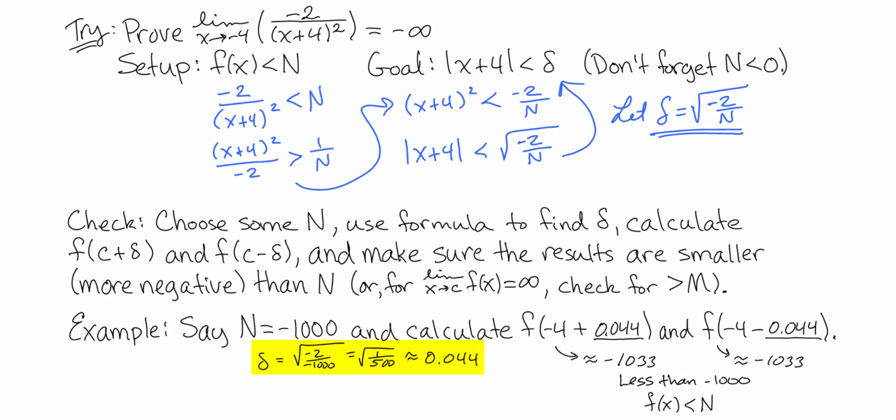That works out to be approximately 0.044. So if we take our function f and we plug in negative 4, which is our c, plus 0.044, and we also plug in negative 4 minus 0.044, those y values will work out to be approximately negative 1,033. So that value is less than negative 1,000. So our f of x is less than n if we have our x value within delta units of c.